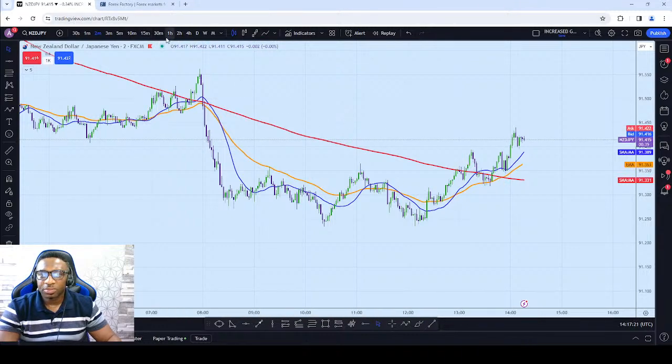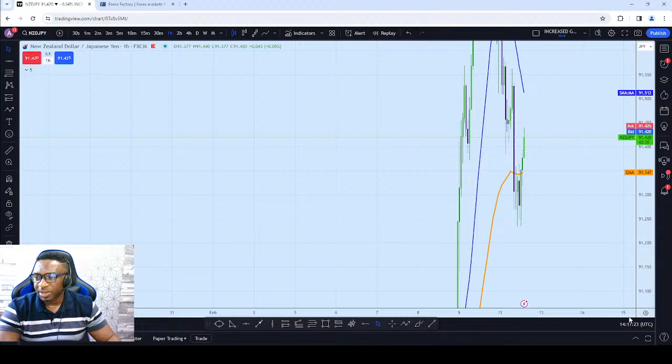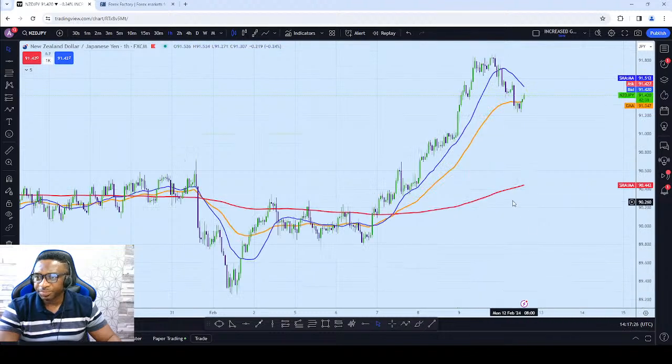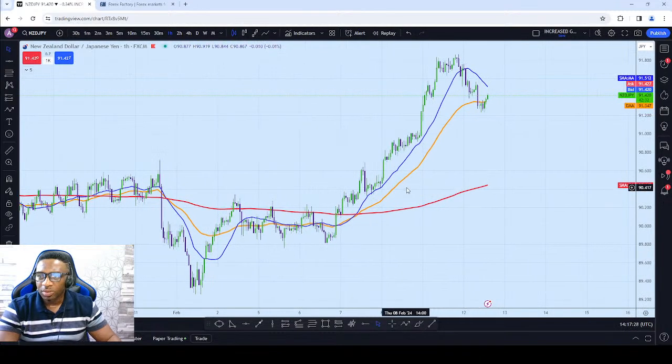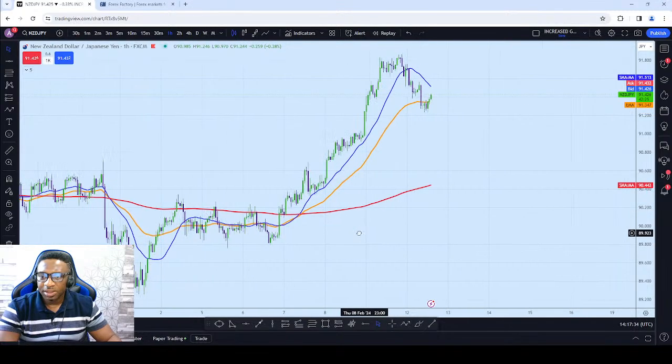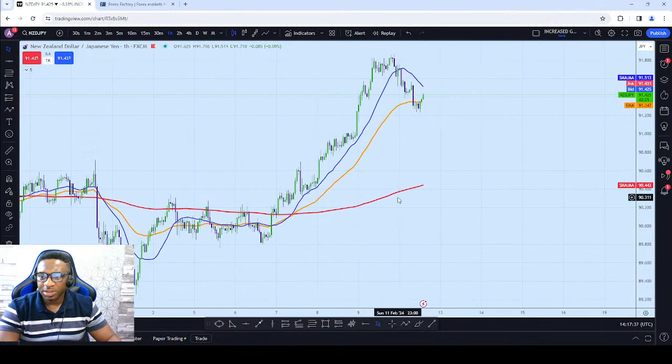What we look out for, just to have a broader view of things, is that we are in an uptrend. So this was a pullback, and currently, if you look at this, it is in a wide state.